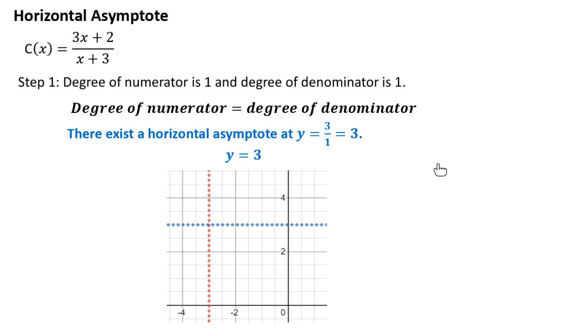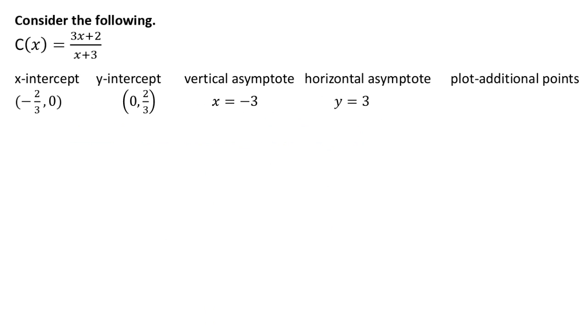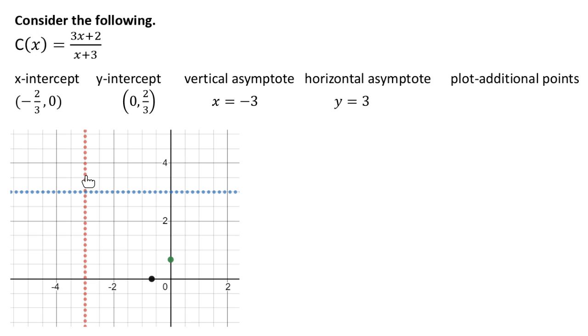Okay, any questions on that one? And I represented that with the blue line. Okay. So I have all my important information, right? Except for these additional points. So I'm going to go ahead and plot the x-intercept, y-intercept, and the asymptotes. So here are my asymptotes, and then my y-intercept and my x-intercept.